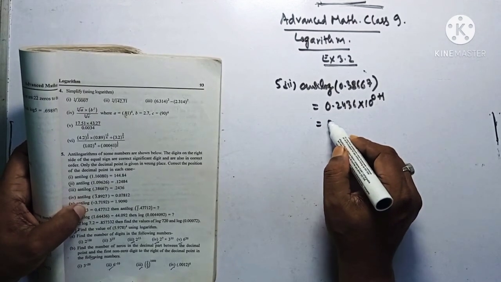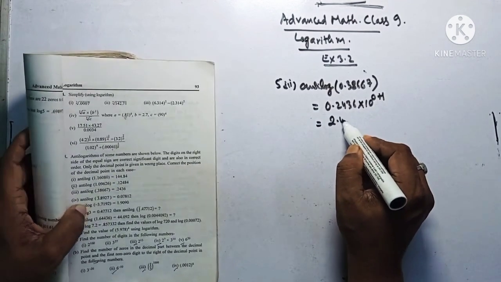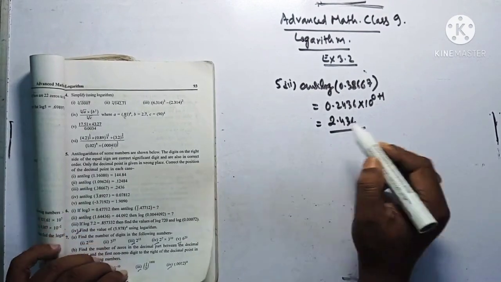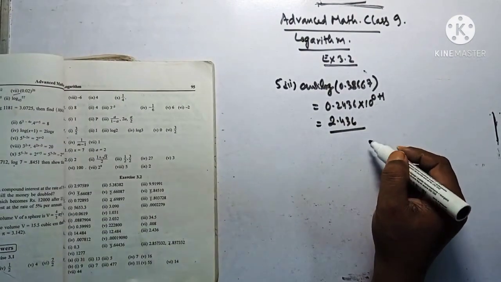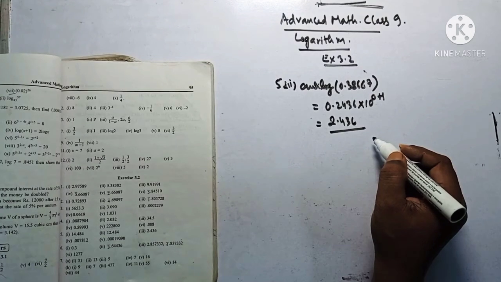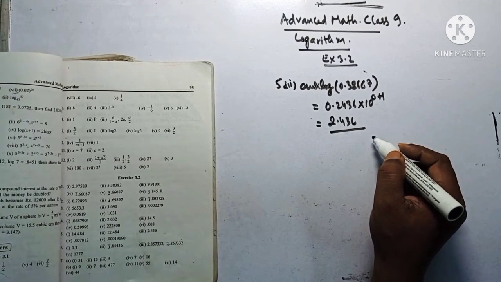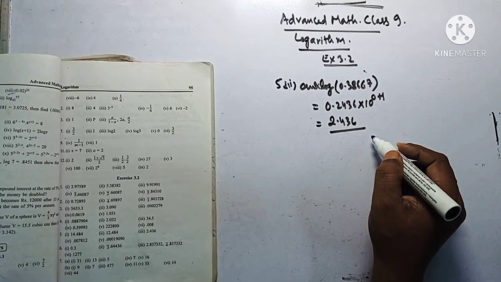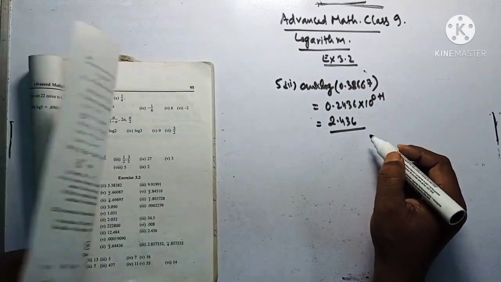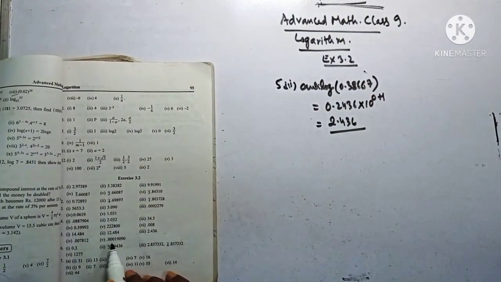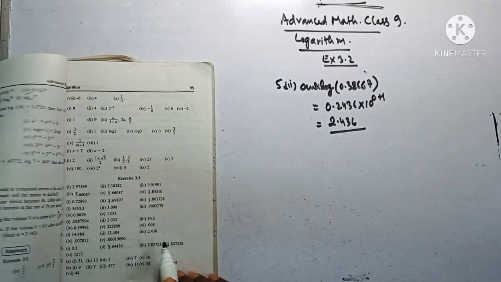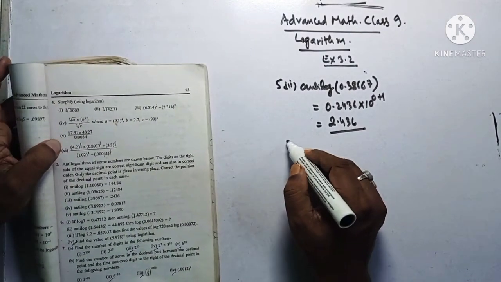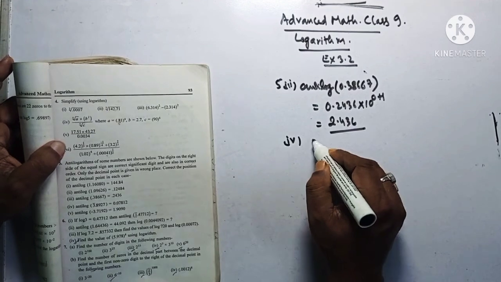So this will be 2.436. The decimal place will be 2.436. This is the answer.